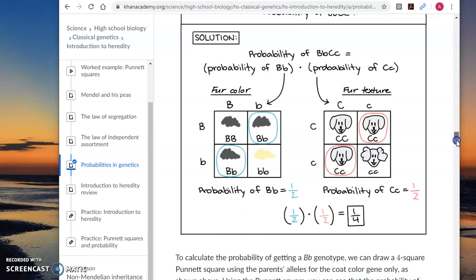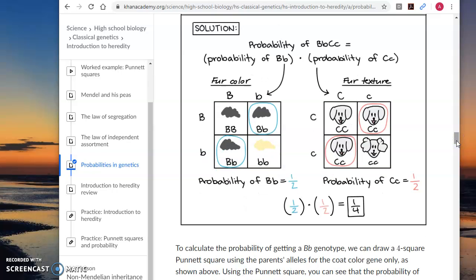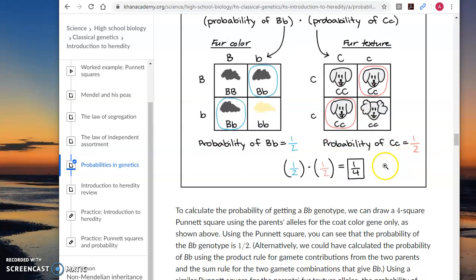So since we want both of these to happen, we want to be heterozygous for fur color and heterozygous for coat texture, we are going to multiply. We're going to use the product rule. So 1/2 times 1/2 gives us 1/4. So 1/4 of the offspring will be heterozygous for both traits. I hope that makes sense.